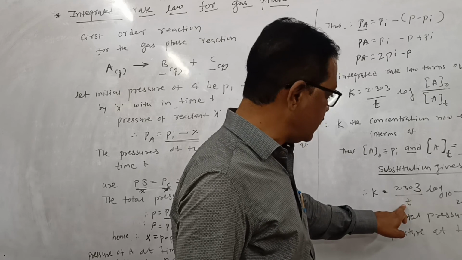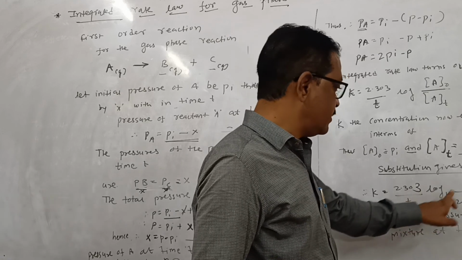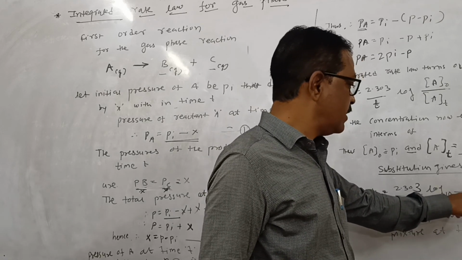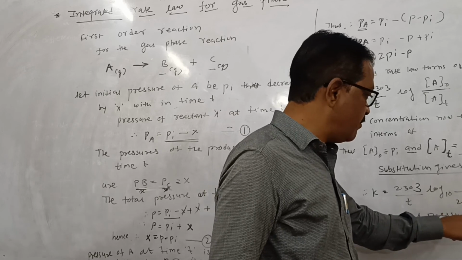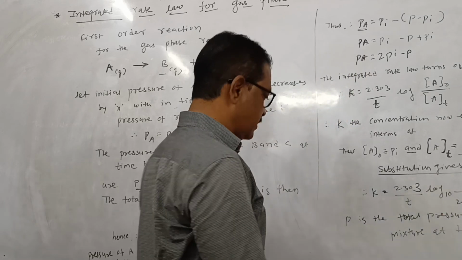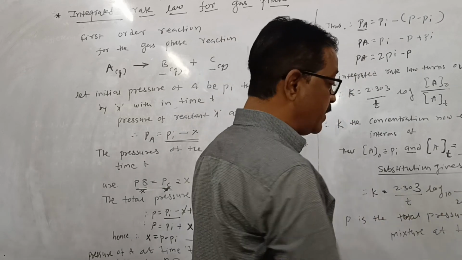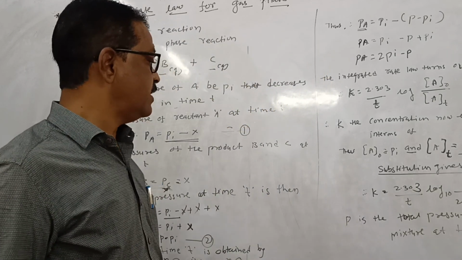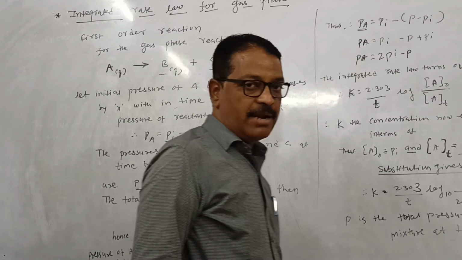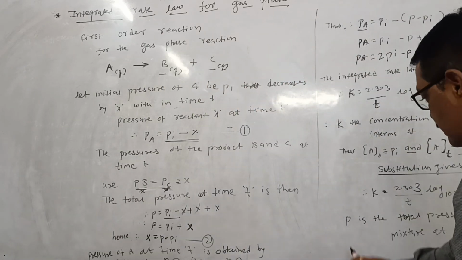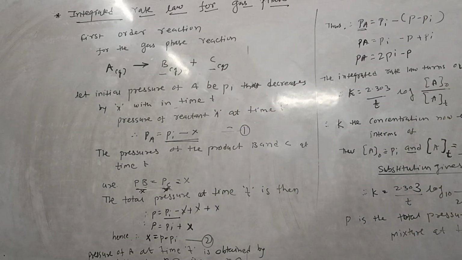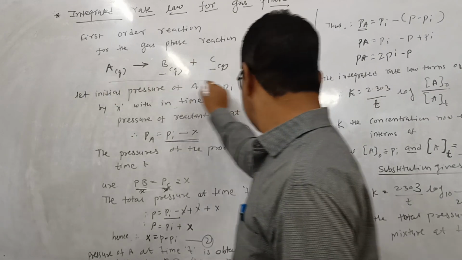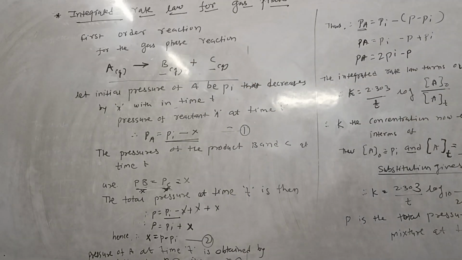Here P is the total pressure of the reaction mixture at time t.